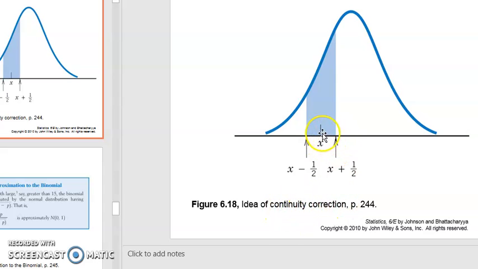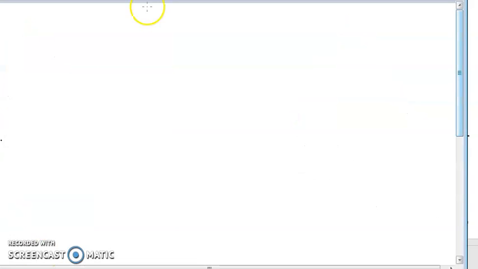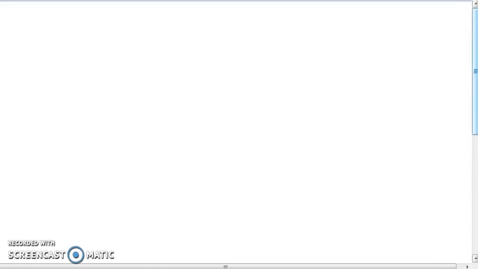So here we have, say, x, and let's say 9. You can add half to 9 to get 9.5, and reduce by half to get 8.5. And look at this shaded area. It's going to be very close to, if we draw a graph, let me draw this picture here for you to explain why we can approximate.